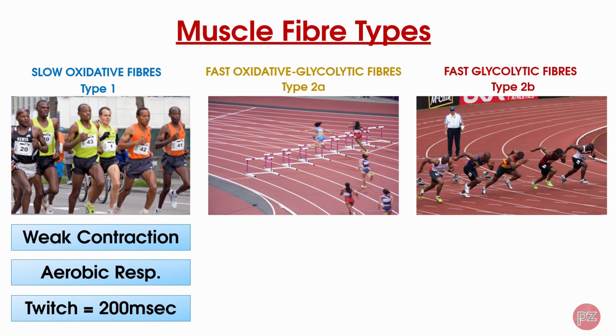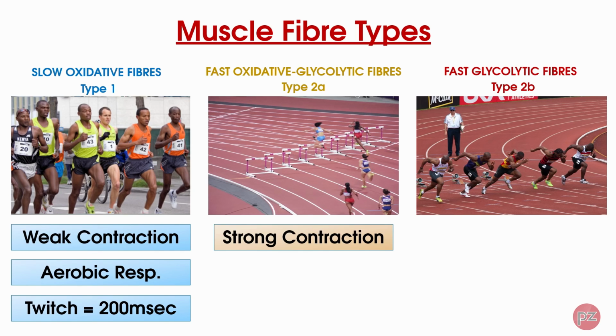Next, we have the fast oxidative glycolytic fibers, the type 2A fibers. So these are intermediate in diameter, and because of that, they're quite strong. They use oxygen, so they have myoglobin, blood capillaries, and they look dark red because of that. Plus, they have mitochondria, so they do use aerobic respiration.